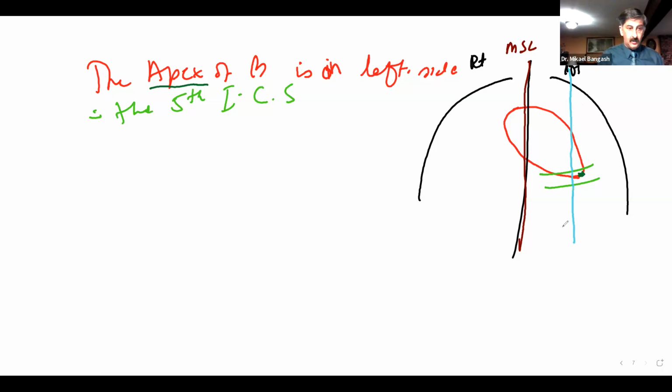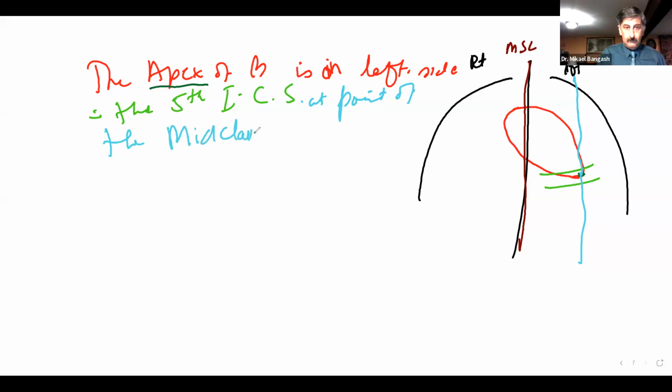Sorry, it should have gone through the heart. So this is going to be another sagittal line, and that's what you call the mid-clavicular line.